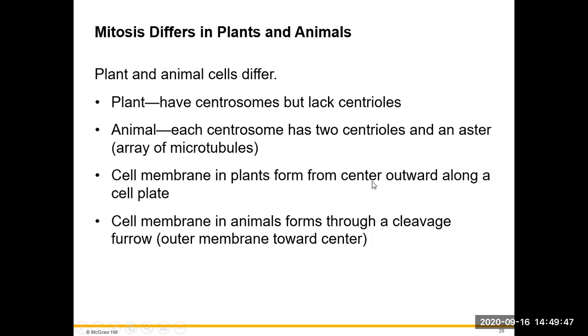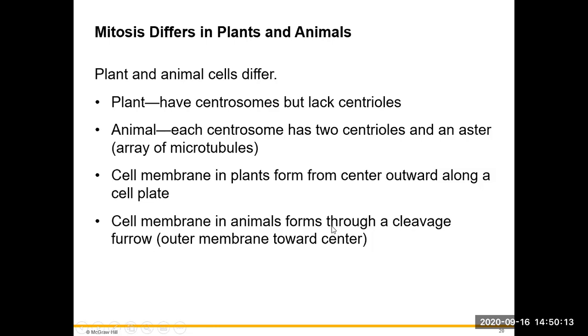Cell membrane in plants forms from the center outward along a cell plate. Here is the thing I want you to remember. Cytokinesis in plants happens through the formation of a cell plate, whereas in animals, cytokinesis happens through cleavage furrow.